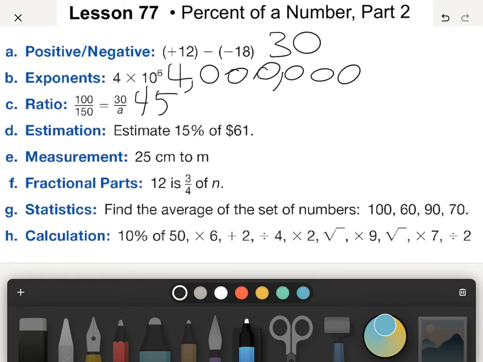Did anyone actually try to do this with the number 61? It's just 60, estimate.